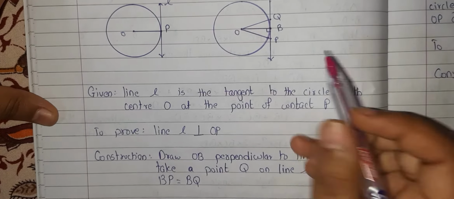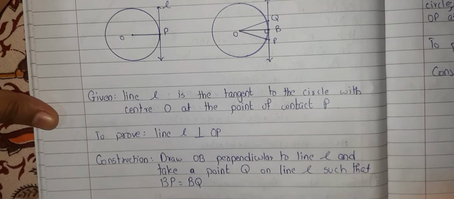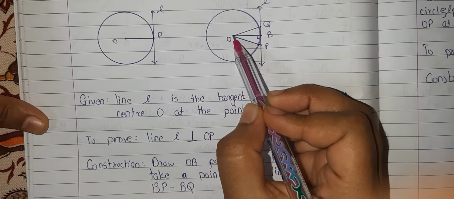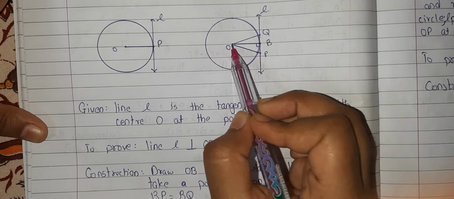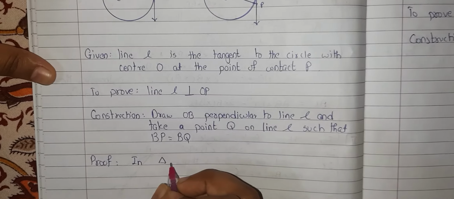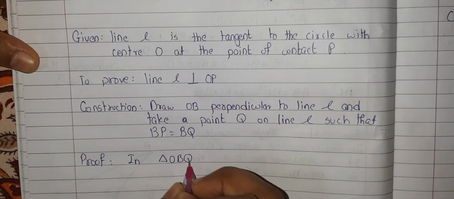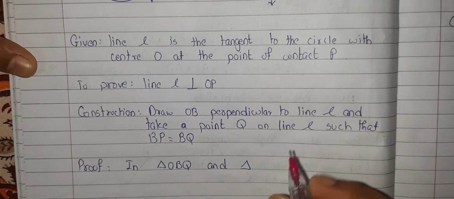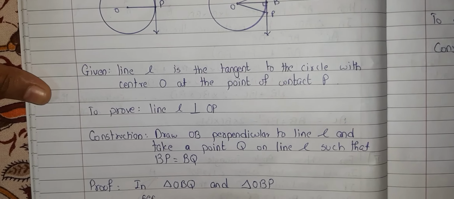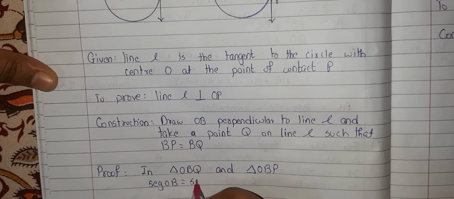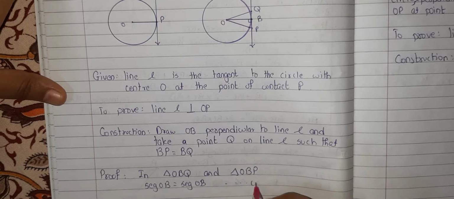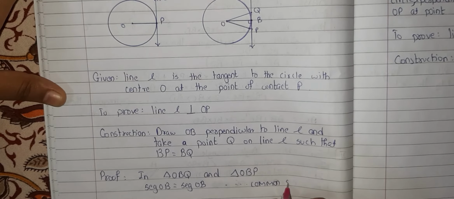Now we will go towards the proof. In the proof we will show that triangle OBQ and triangle OBP are congruent triangles. So we will consider these two triangles. In triangle OBQ and triangle OBP, segment OB is equal to segment OB, since this is the common side of the two triangles.